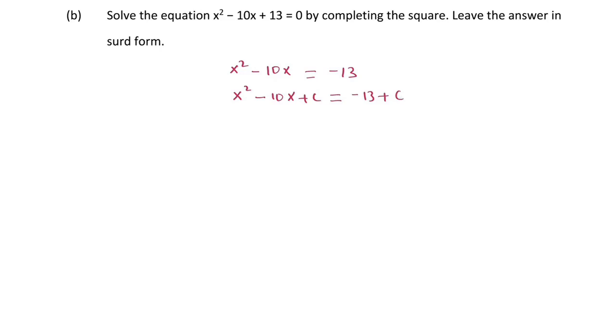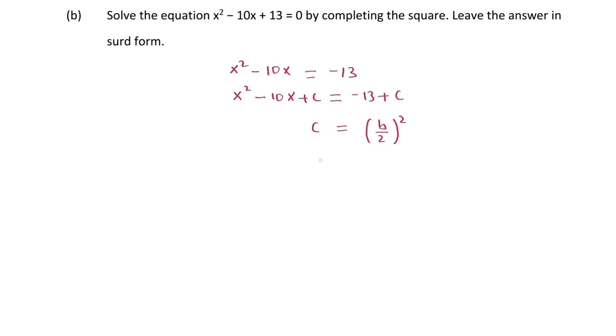Now we have to remember that the value of c can be obtained by using the following formula, which says c equals (b over 2) squared, where b is the coefficient of x, which is negative 10. Let us substitute the value of b in the formula.